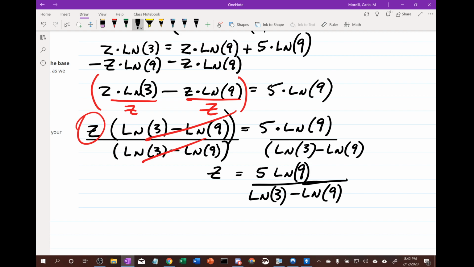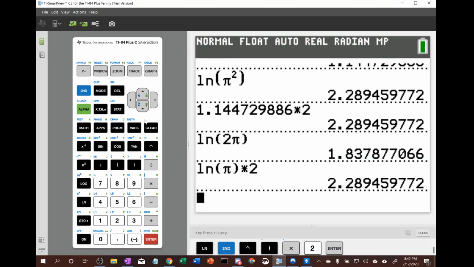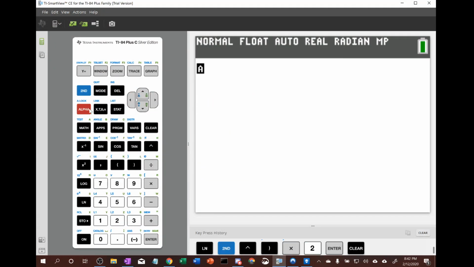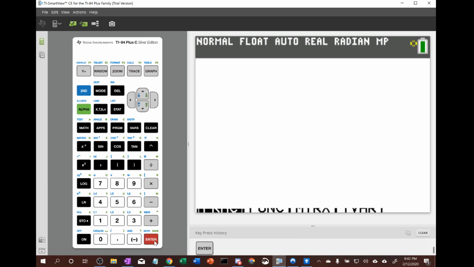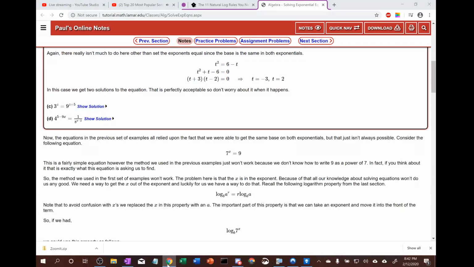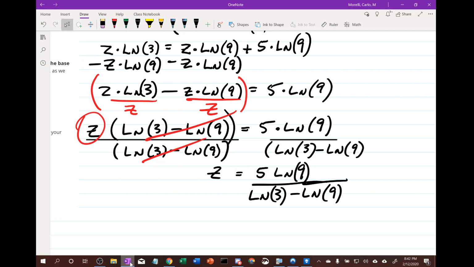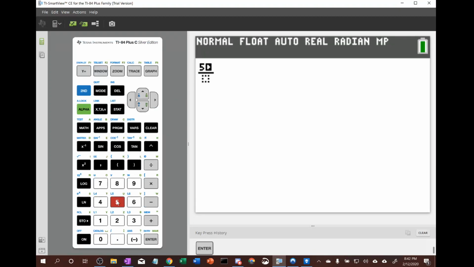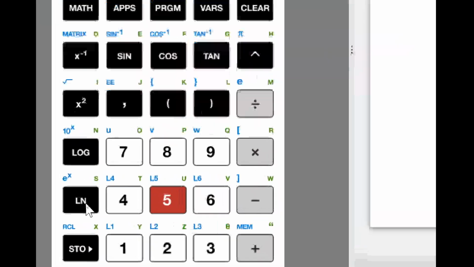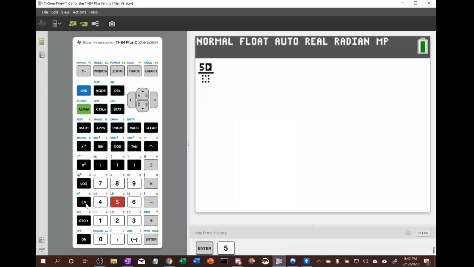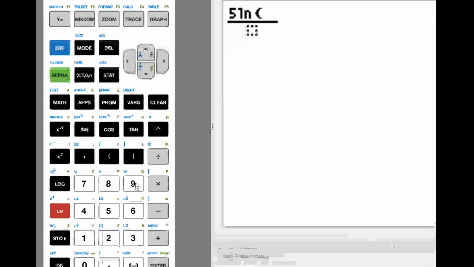So let's put that in the calculator because that's a number. So we're going to have to go to the calculator here. And we'll clear all this out. So we're going to hit alpha y equals enter. And then we're just going to put in 5 ln 9. 5, and then I'm going to hit this ln key right here. 5 ln and then hit the 9 key.